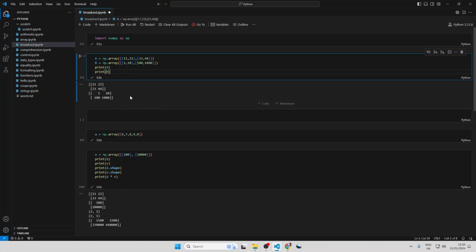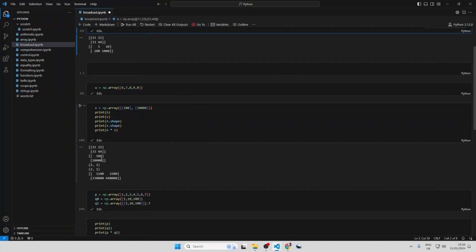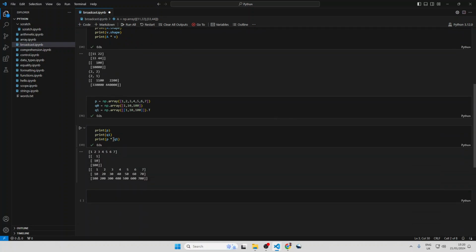We can add or subtract, and if we go back to this example, we did multiplication, but we could try addition, and again it does the same kind of broadcasting.